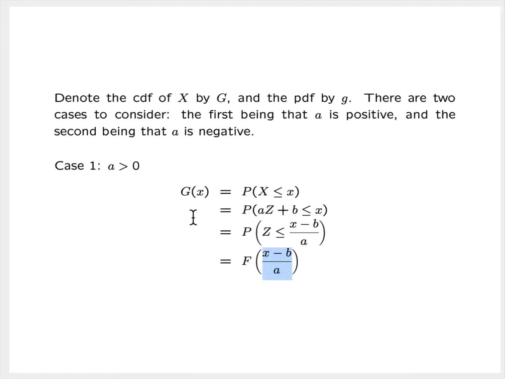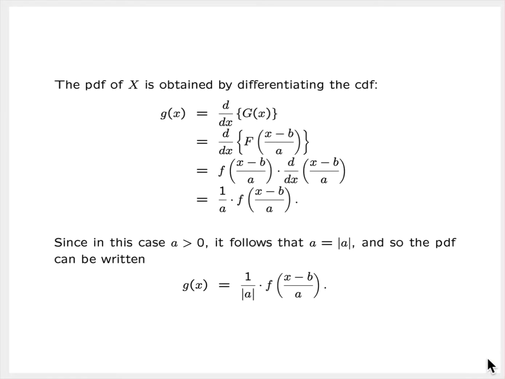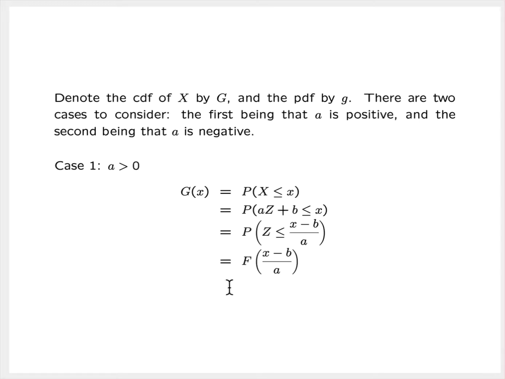So what this says is that the CDF of x evaluated at little x is equal to the CDF of z evaluated at little x minus b over a. We really don't have to express it with any more detail than we have right here, at least at this point.